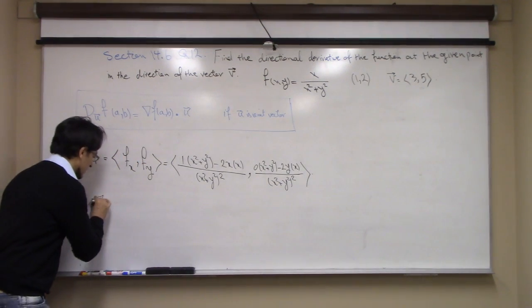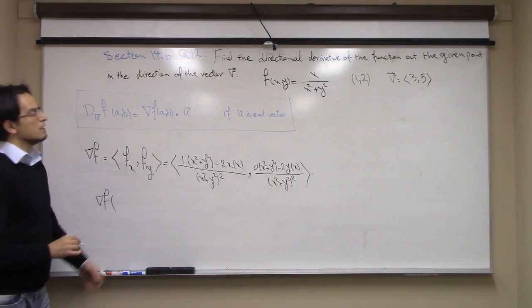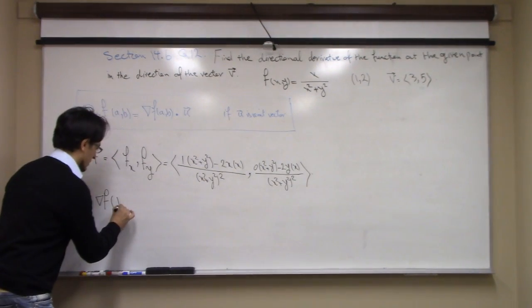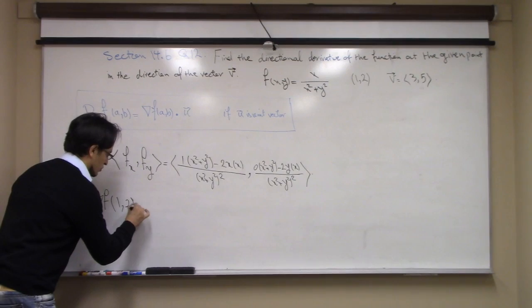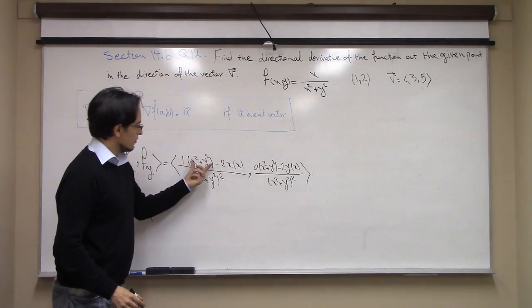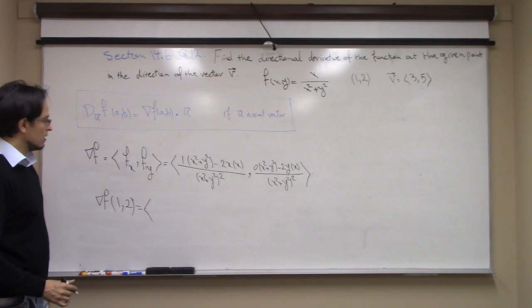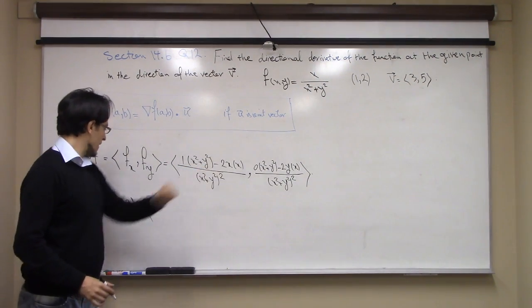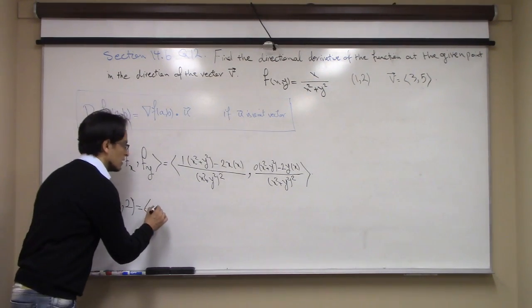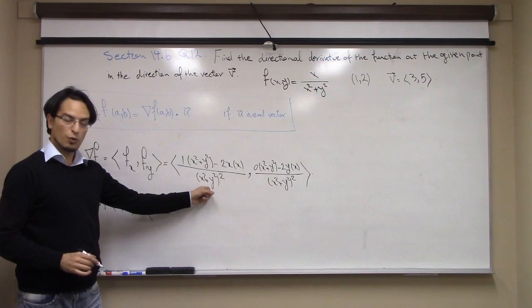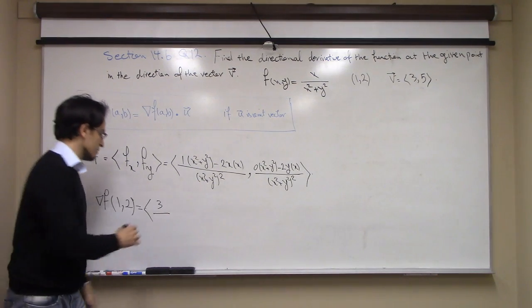Now the gradient at the given point, which means x is 1 and y is 2. So I have to plug in values for x and y. For the first component I have 1 squared plus 4, which is 5, minus 2, it is 3, over (1 plus 2 squared, which is 5) squared, which is 25.